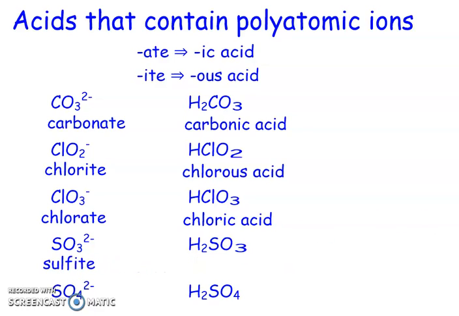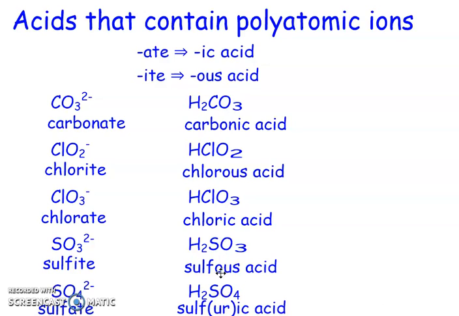Sulfite, ite changes to us. So this would be sulfus or sulfurous. Sometimes they put the UR back in. Again, don't worry too much about that. Just kind of follow the pattern that we're doing. So sulfus acid. SO4 is sulfate. Ate changes to ic. So that would be sulfic or sulfuric acid.